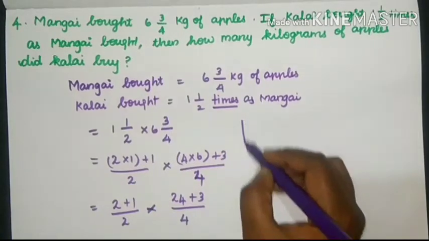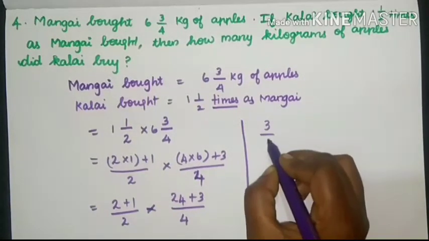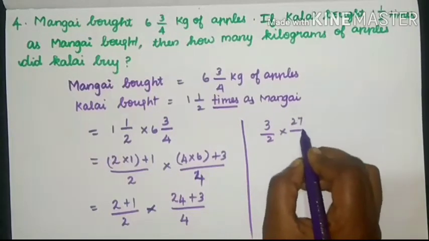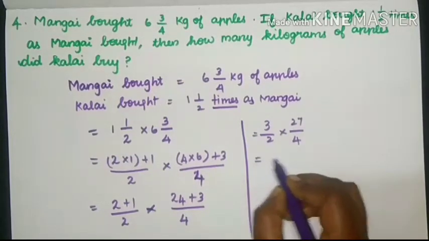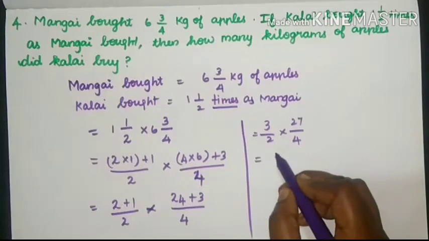You will get the answer as 3 by 2 into 27 by 4. That is 3 into 27 is 81.